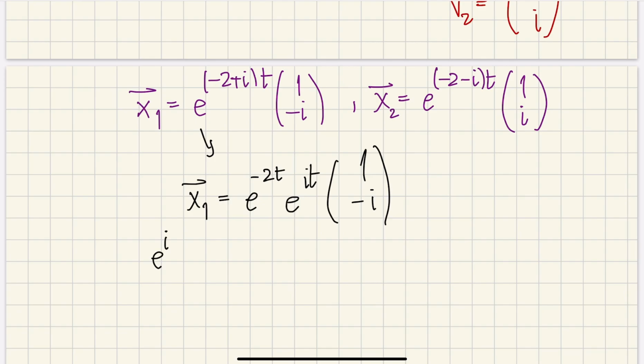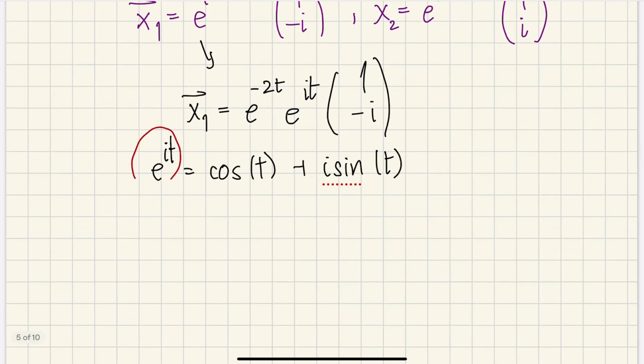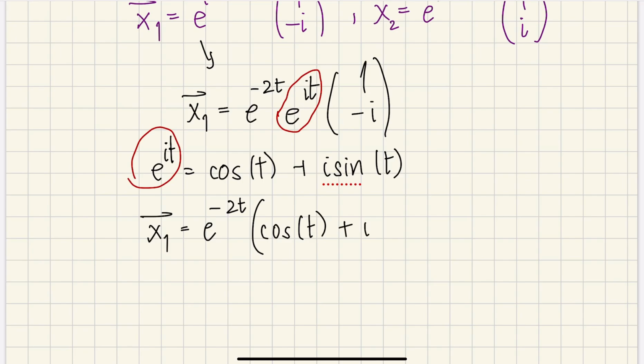Now we said e to the power it is cosine t plus i sine t by Euler's formula. So substituting this here gives me e to the power negative 2t times cosine t plus i sine t, 1, negative i.